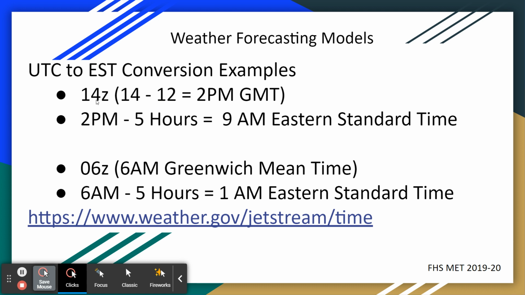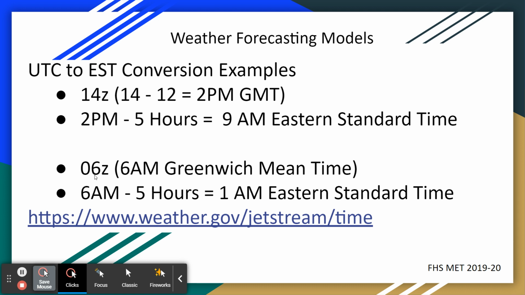So again, 14Z, how much more than 12 is 14? 14 is 2 more than 12, so that would be 2 p.m., but that's 2 p.m. at the prime meridian. We've got to subtract 5 hours from that to get to Eastern Standard Time. So 2 p.m. minus 5 hours. Sometimes I have to count on my hand when you go from p.m. to a.m. So 2 p.m. minus 5 is 1 p.m., noon, 11 a.m., 10 a.m., and 9 a.m. So 9 a.m. Eastern Standard Time.